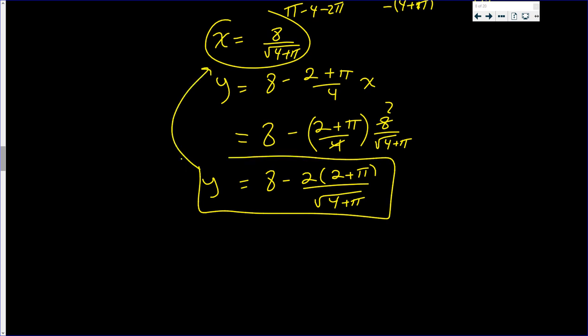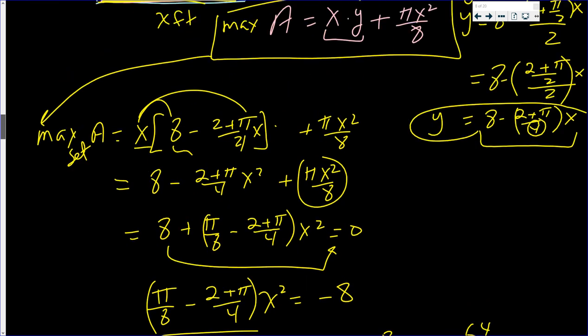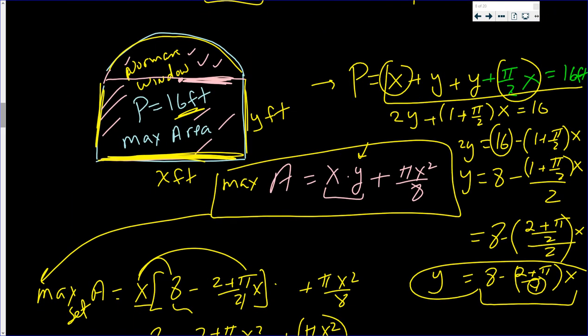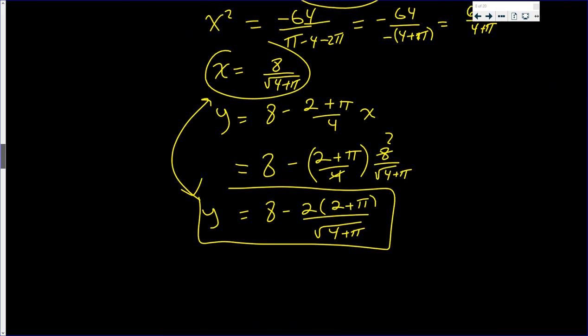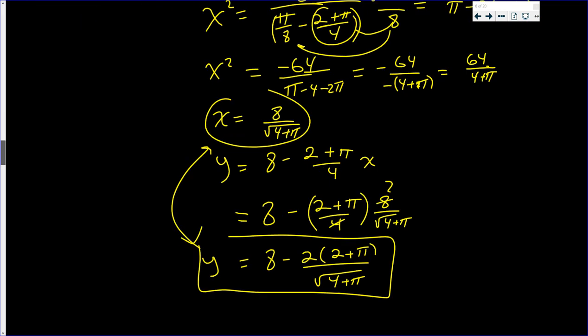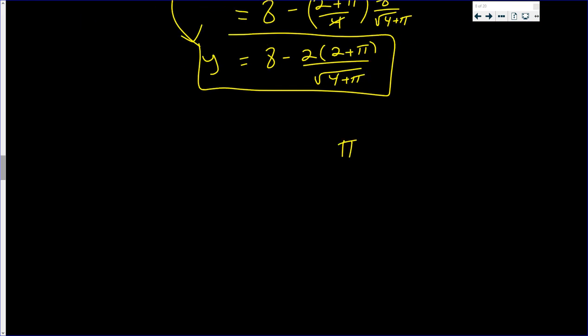Okay, so I found the dimensions, I found out what x is, I found out what y is. If you want to know the max area, oh, there's the formula. The max area, pi x squared over 8, plus x times y.